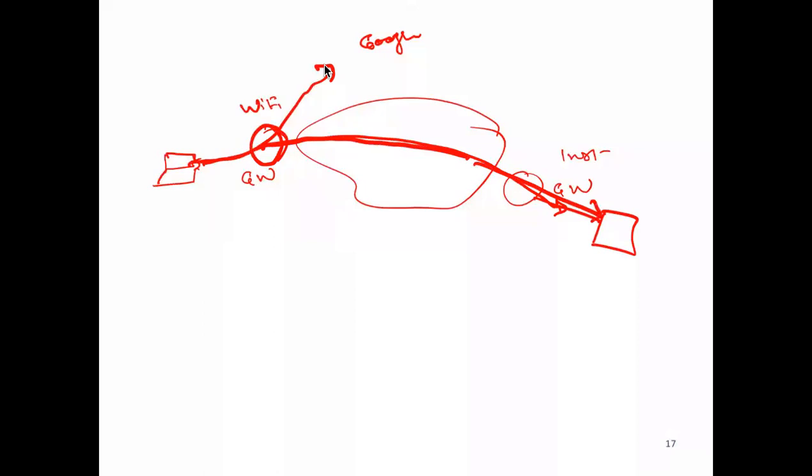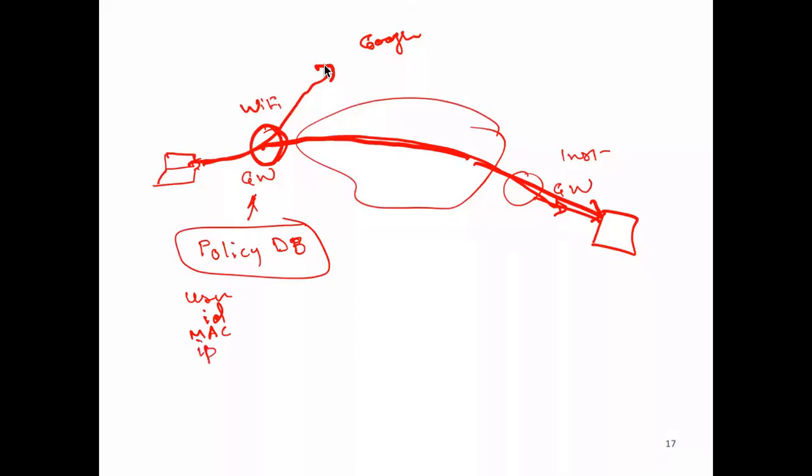So it means this gateway should have some policy database, and that database will look at certain parameters like who is the user, what is the ID, say MAC ID or hardware ID, what is the IP address, what is the destination address, and so on. Based on this, it can take a decision. So there has to be a table which we call the policy database.